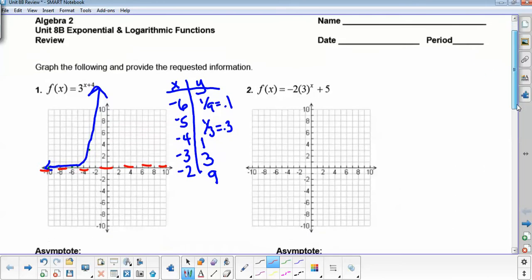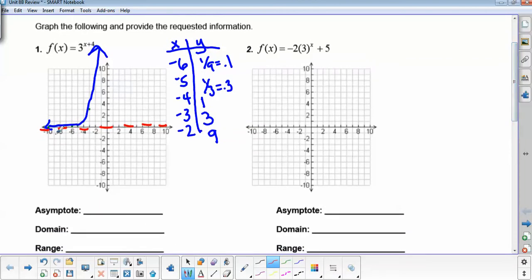Okay, now let's see. We said that our asymptote is right here at y equals 0. And our range starts where the arrow points over here at -infinity, and it continues. This arrow is going up, but it's also going slightly to the right, and to the right is +infinity.